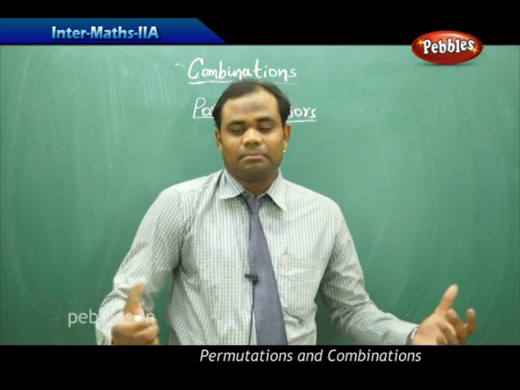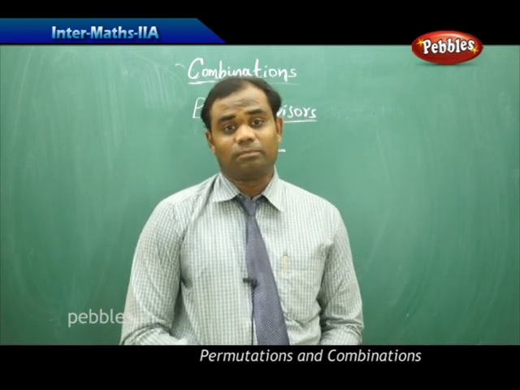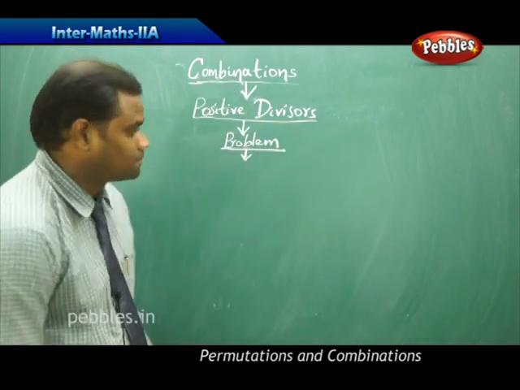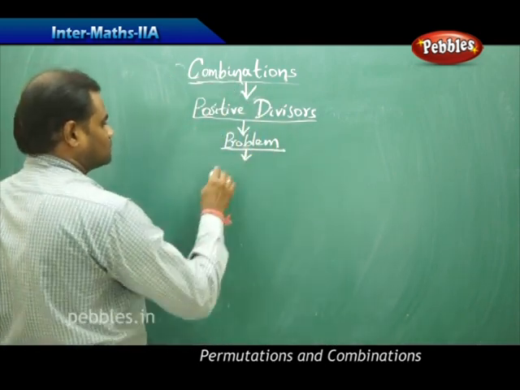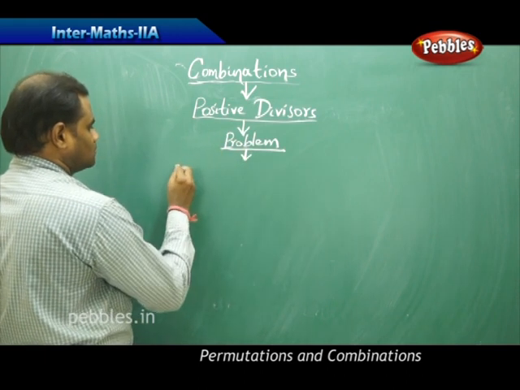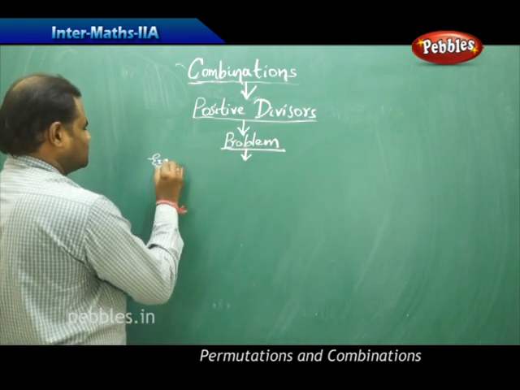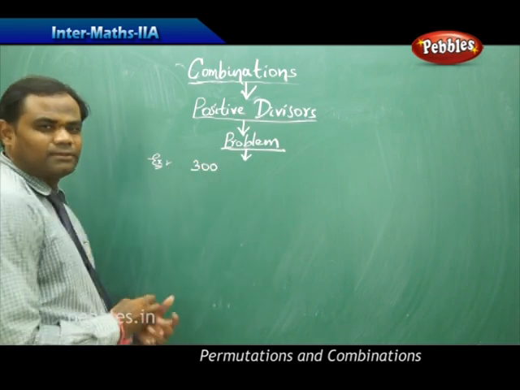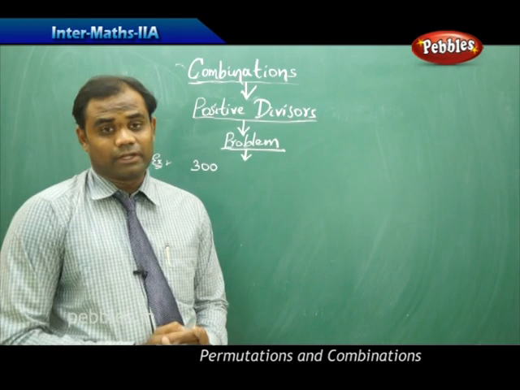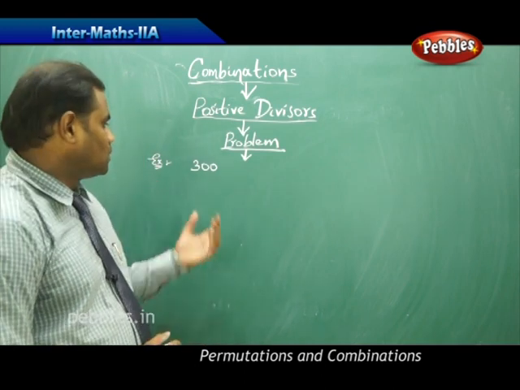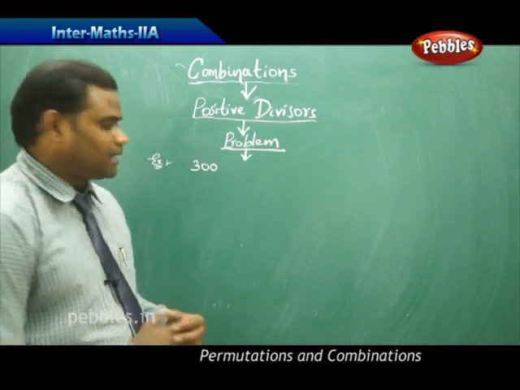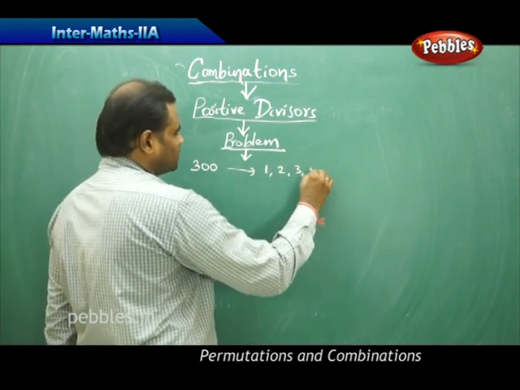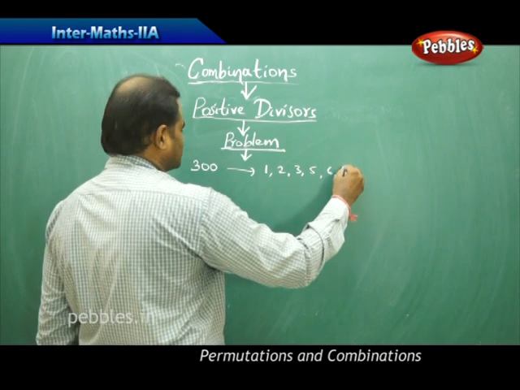Now let's take an example problem and find the number of positive divisors in each of the cases. Let me take the number 300, for which I want to find the positive divisors. Randomly, I can at most find the divisors as 1, 2, 3, 5, 6.